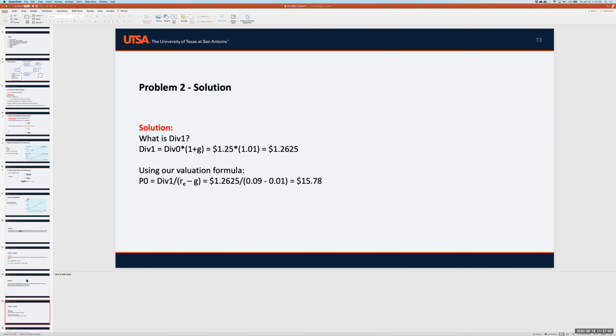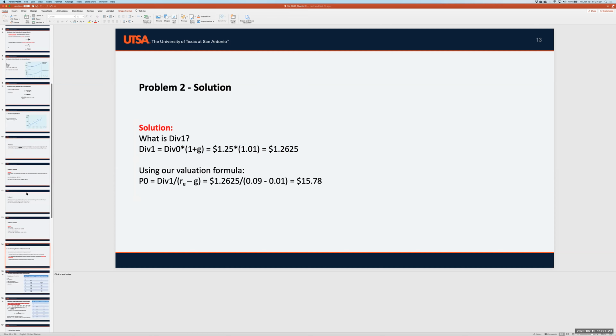Same calculation, and we first need to find the dividend payment at time 1. We know the dividend payment at time 0, so we find the dividend payment at time 1, and we try to find the price of the stock at time 0. We put all the values in this formula, and you will find 15.78 per share.